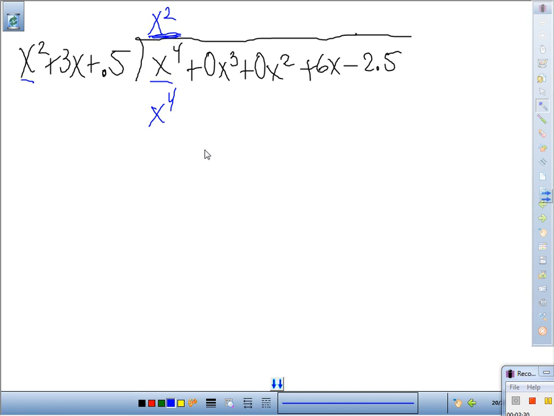That is not going to work because this divisor has 3 terms, so you need to distribute to all 3. So, x squared times x squared, x to the fourth. x squared times 3x, that's positive 3x cubed. x squared times 1/2, that's plus half x squared.